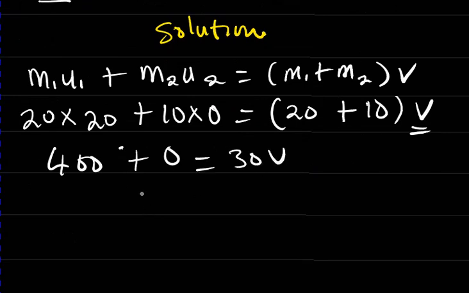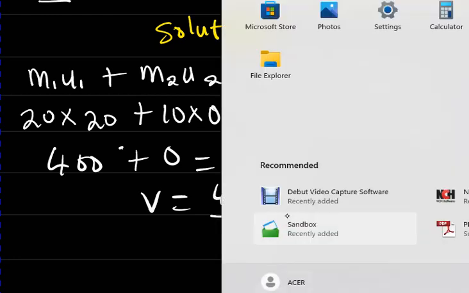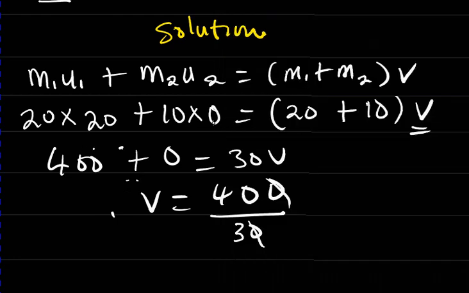So v is going to be equal to 400 divided by 30. We can do that division and we'll end up with some fraction. So let's do that division.